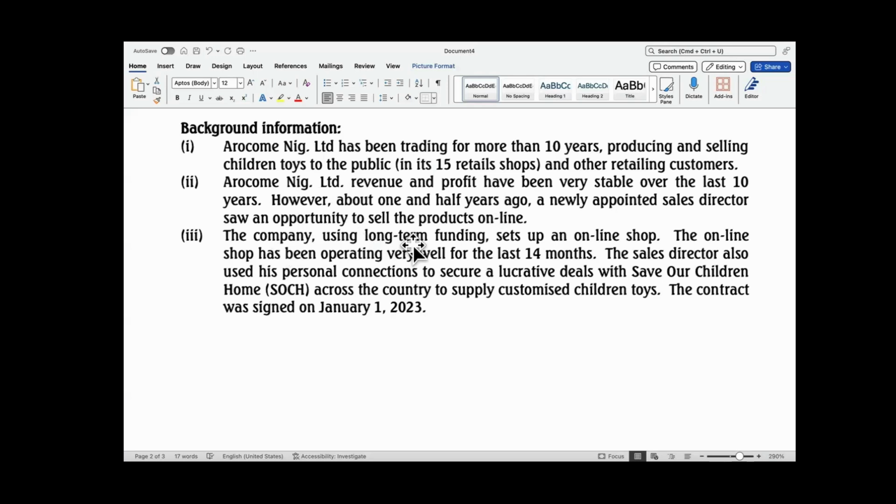The online shop has been operating very well for the last 40 months. Sales director also used his personal connections to secure lucrative deals with Save Our Children Home across the country to supply customized children toys. Contract was signed on January 1st, 2023.